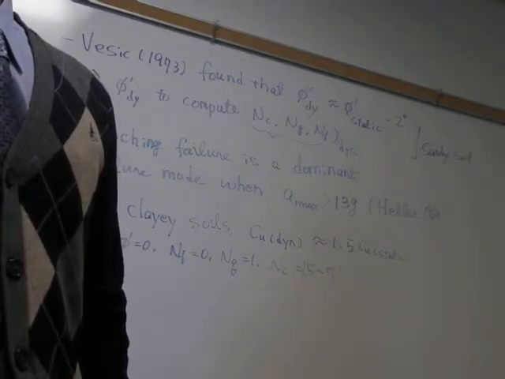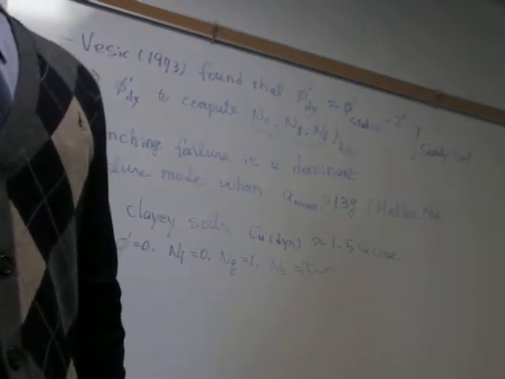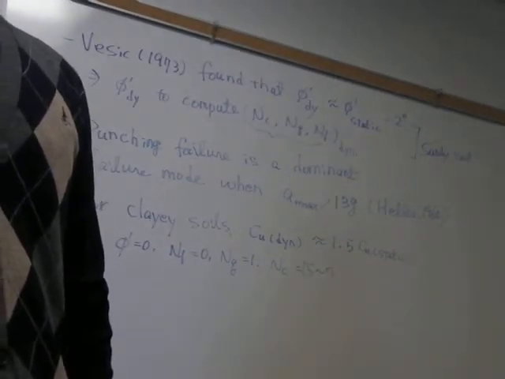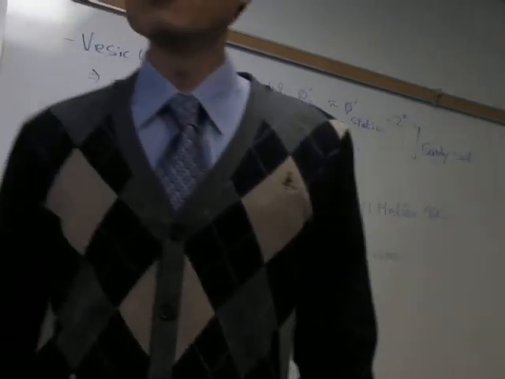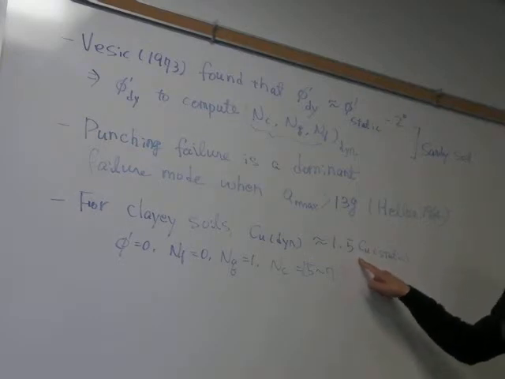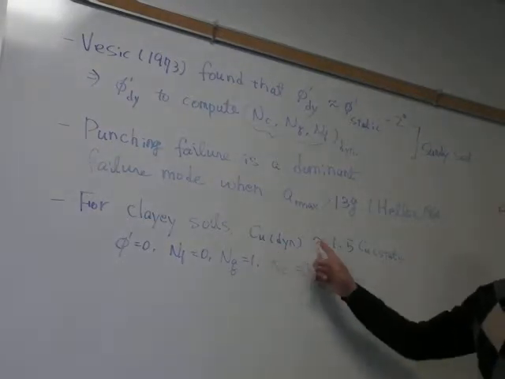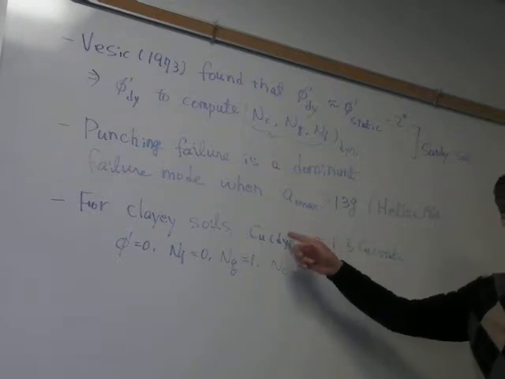So in real life, we have the combination of static loading and vibration loading, right? You design your foundation based on the dynamic loading, but let's say the machine just stopped, the earthquake stopped. Then there is a static condition, and cohesion will be lower, right?